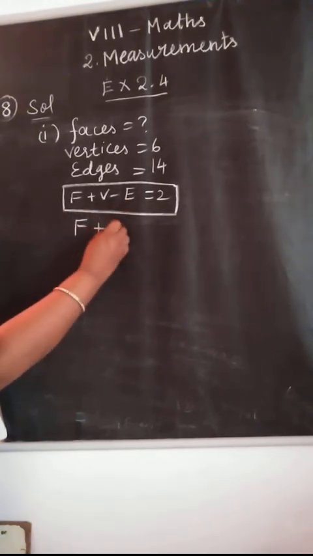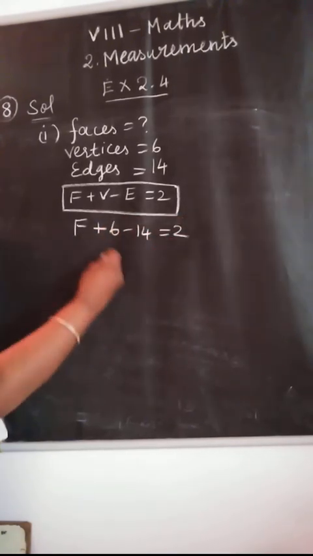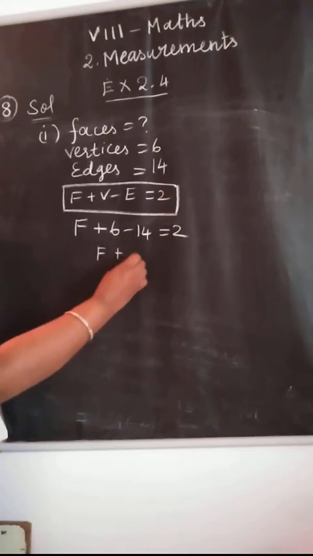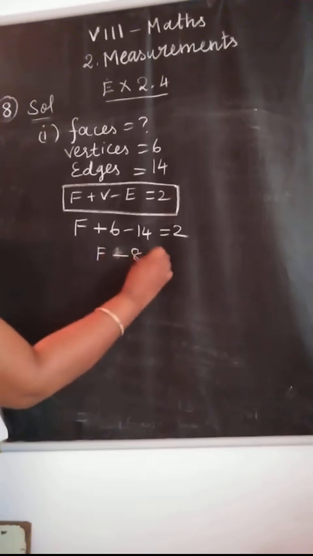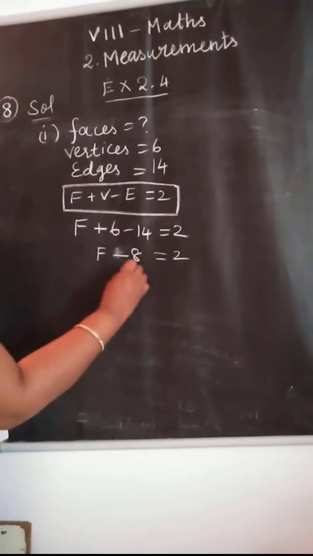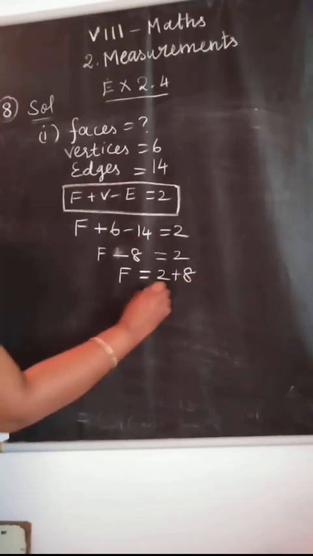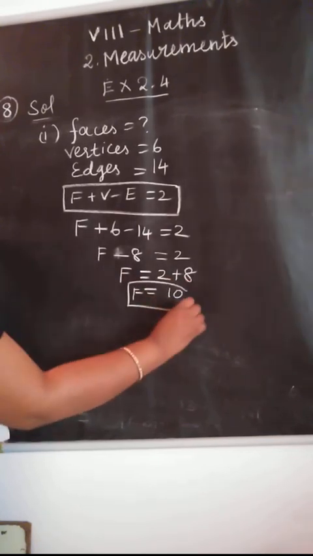F plus V 6, edges minus 14 equal to 2. So F plus 6 minus 14 we get minus 8. So F minus 8 equal to 2. Transpose to right side we get plus 8. So 2 plus 8, 10. So this is the face value answer.